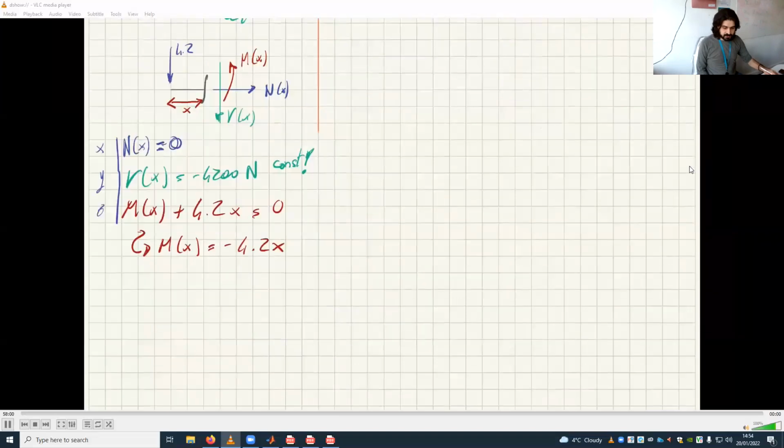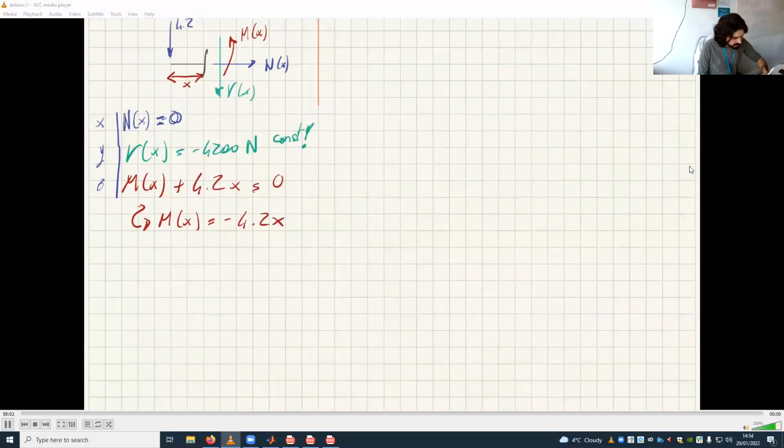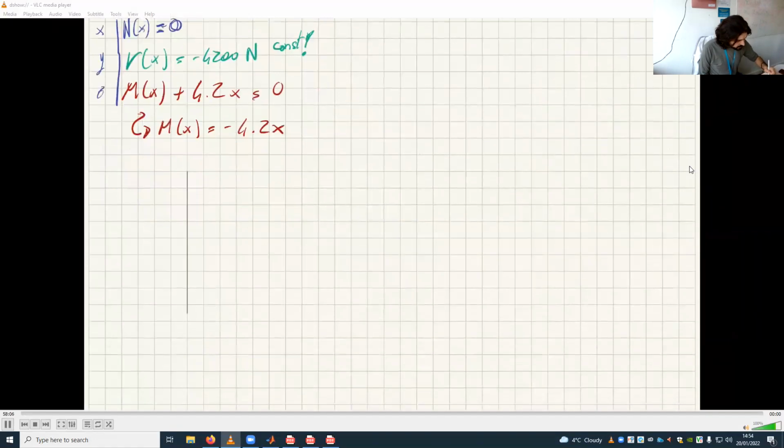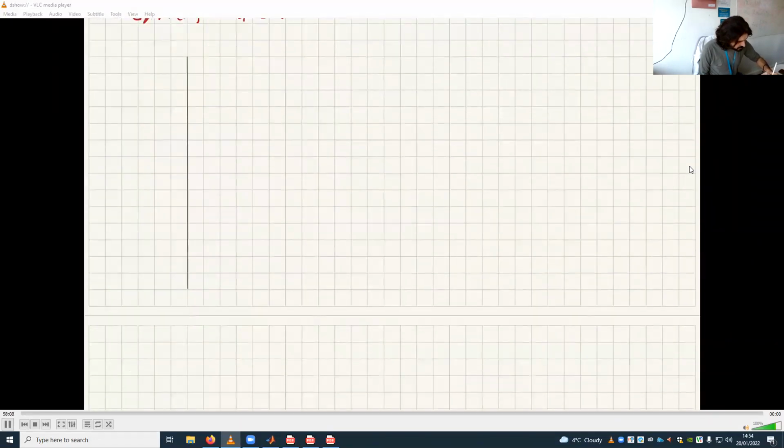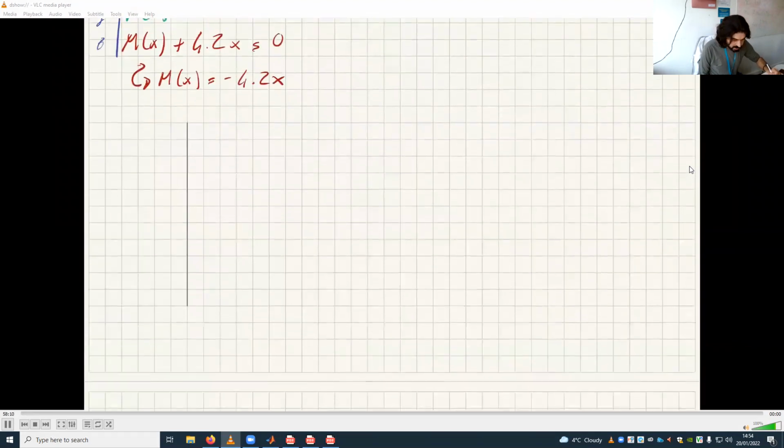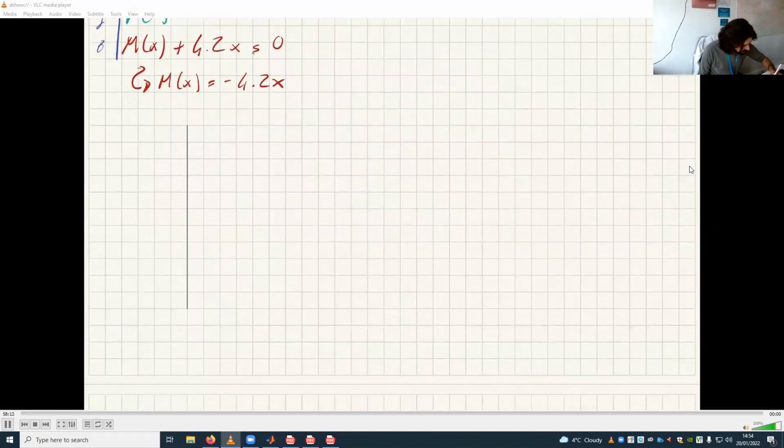And now I can start drawing it. I can already start drawing the bending moment diagram and the shear force diagrams. So I'll need it a bit like that. This is x.